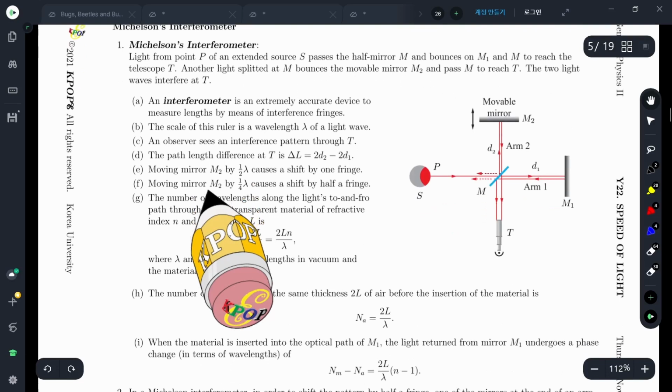With this device, he wanted to measure the speed of light accurately so that he could determine the relative motion of the Earth in comparison with the absolute frame in which the medium of the electromagnetic wave, he believed, is at rest. That medium is called ether.